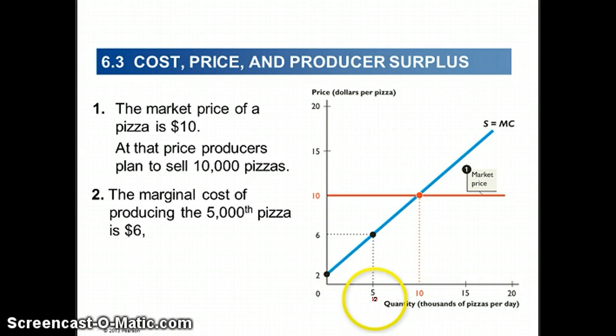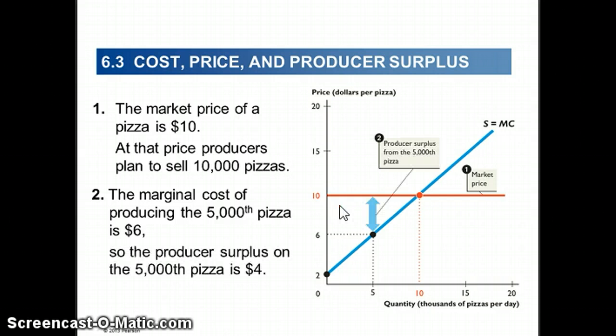But if they produce less than that, let's say 5,000, marginal cost is 6, which is under 10, the market price. So there is a producer surplus, which again is the area of this triangle.